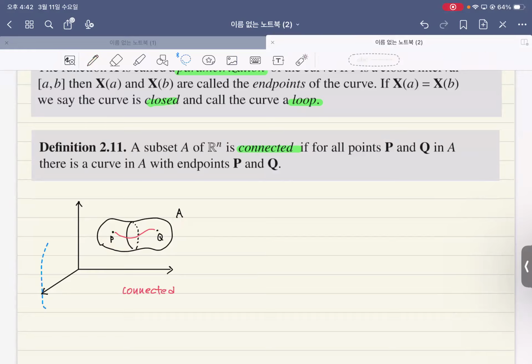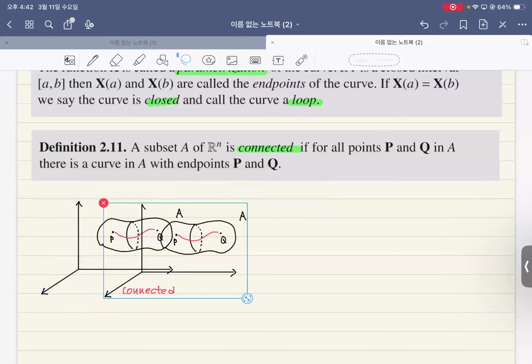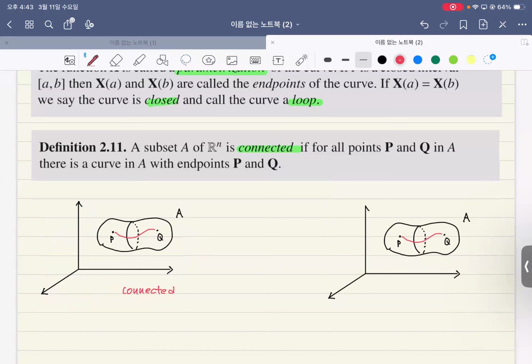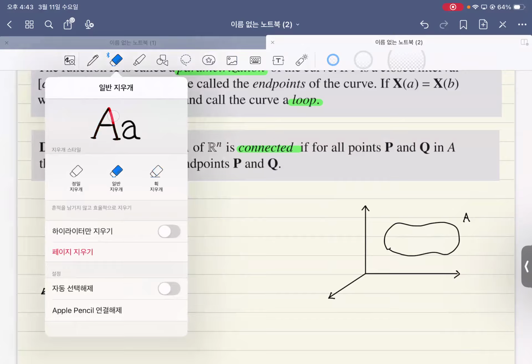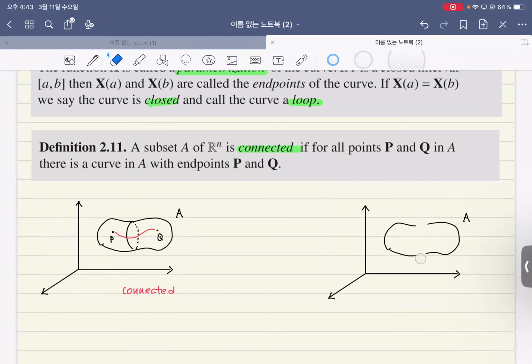However, this is not. A is the union of this piece and that piece. Taking the union, the whole thing we are going to call A. And I am pretty sure that this is not connected.